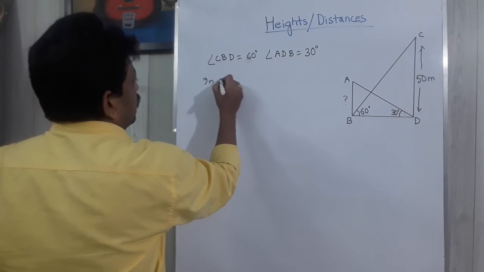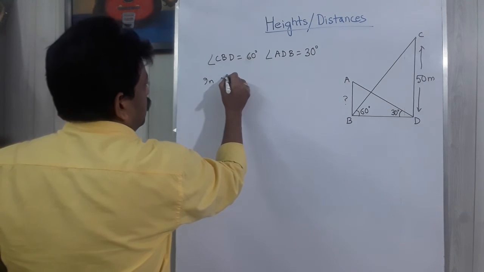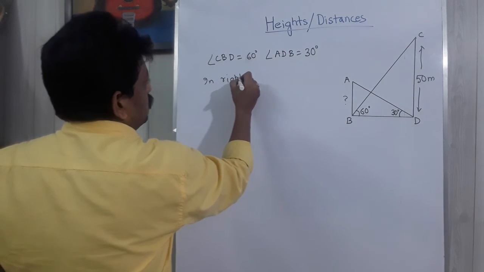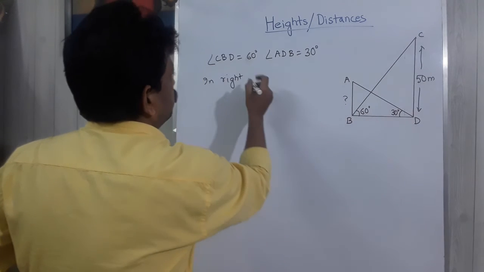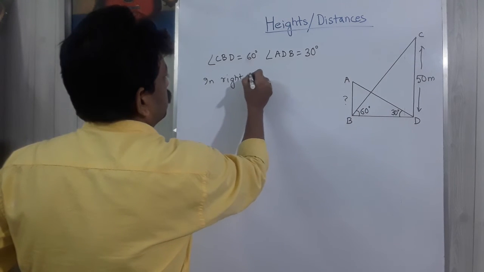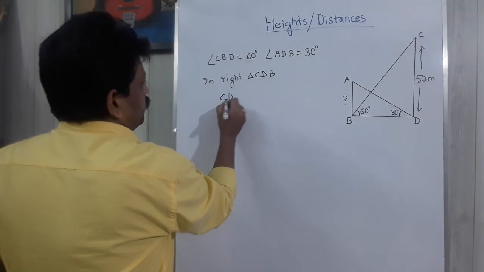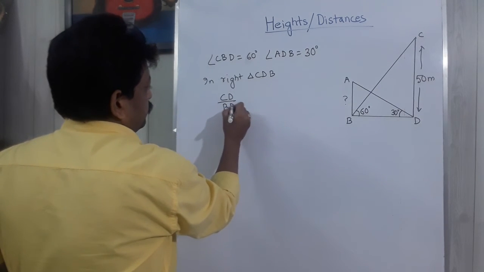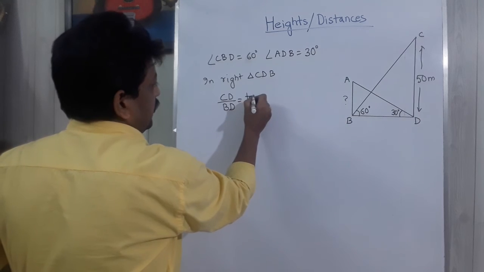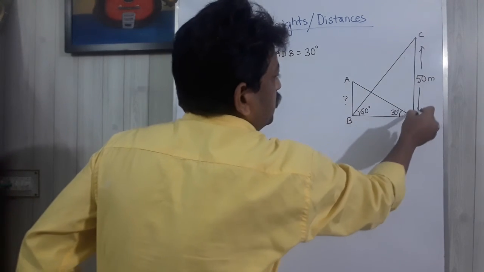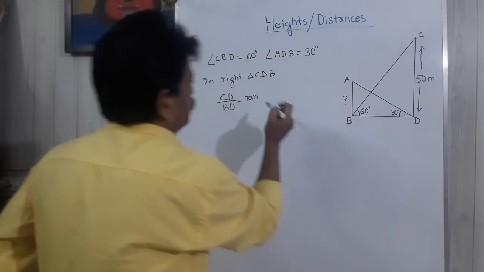So in right triangle CDB, CD upon BD is equal to tan 60.